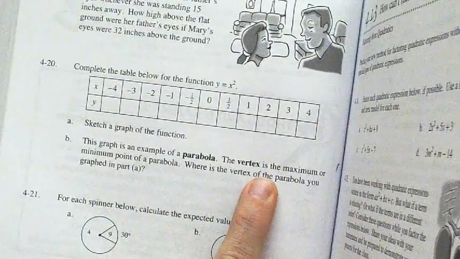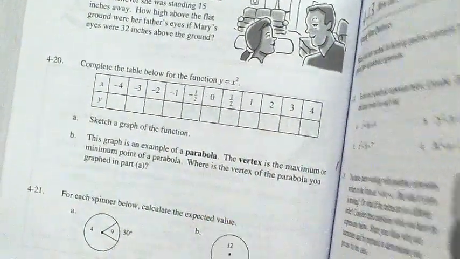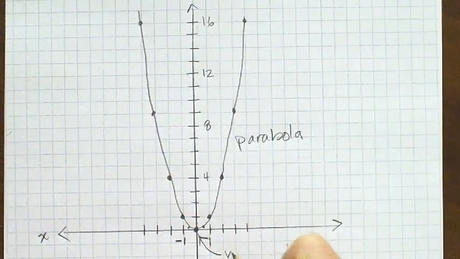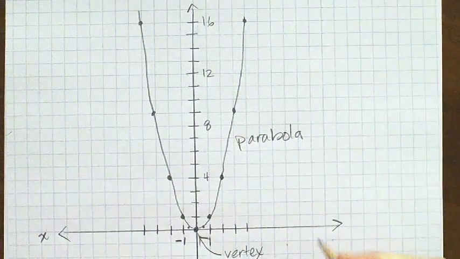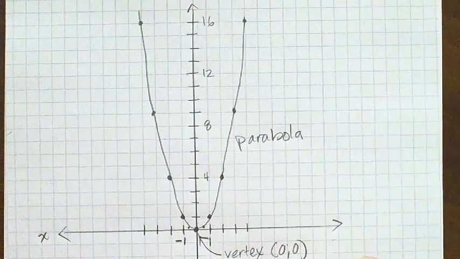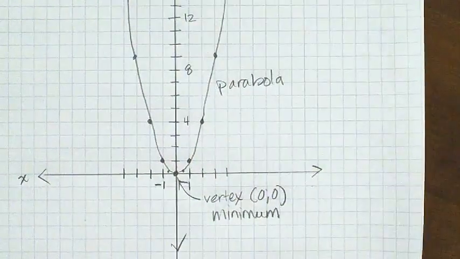The vertex is the maximum or minimum. Where's the vertex that you graphed? So our vertex is the point 0, 0. And it's a minimum.